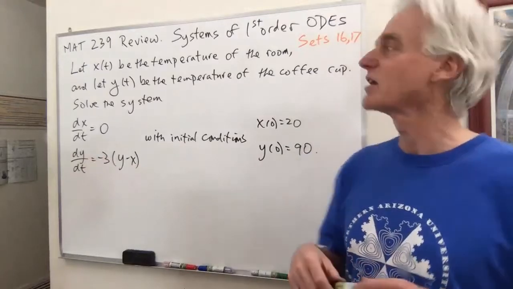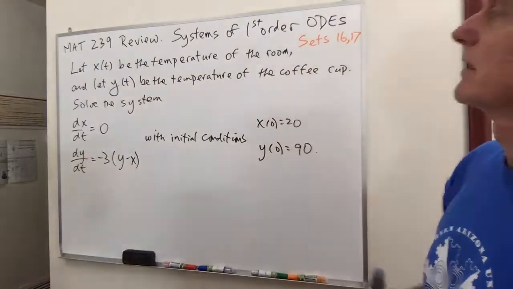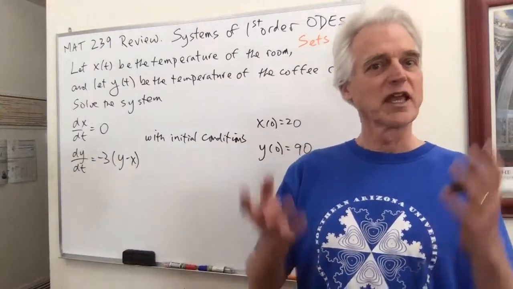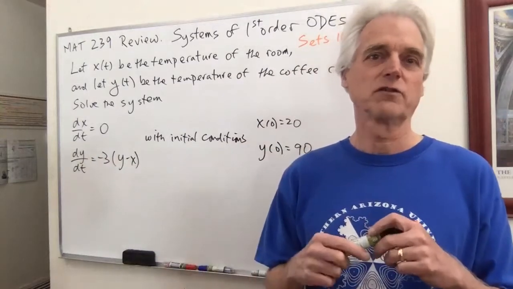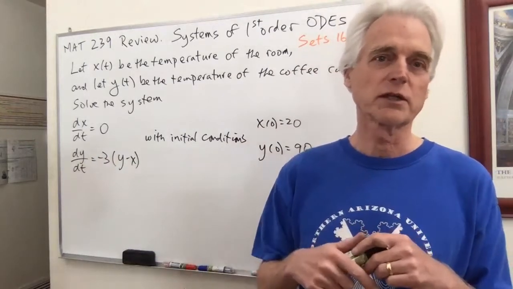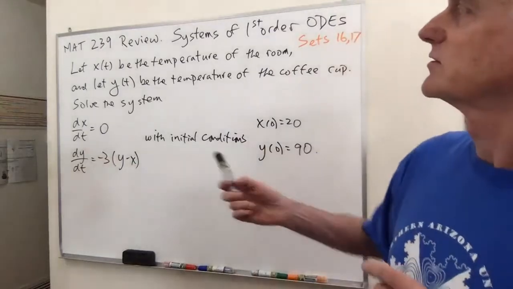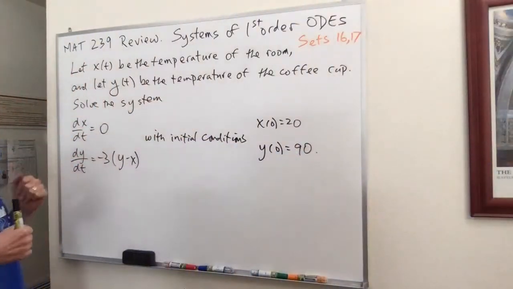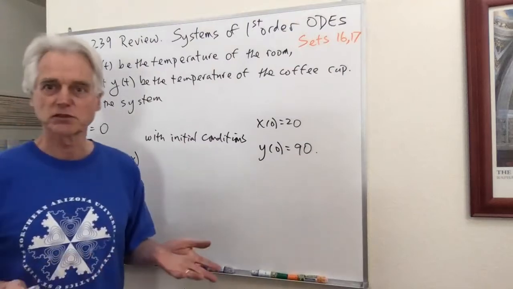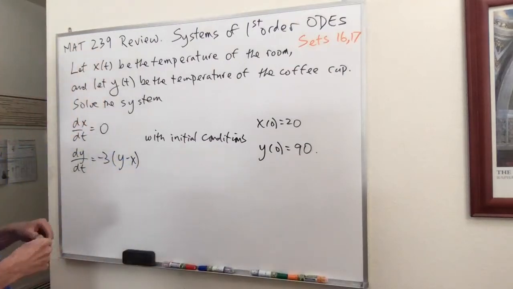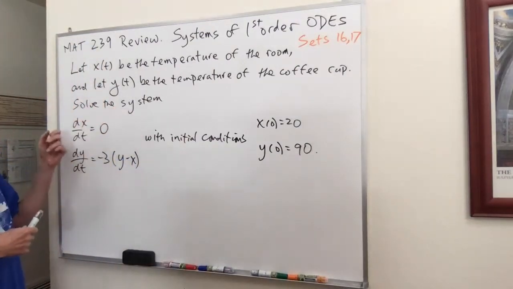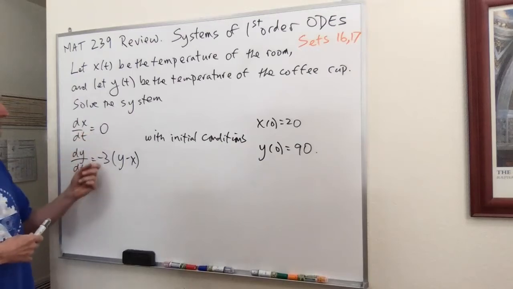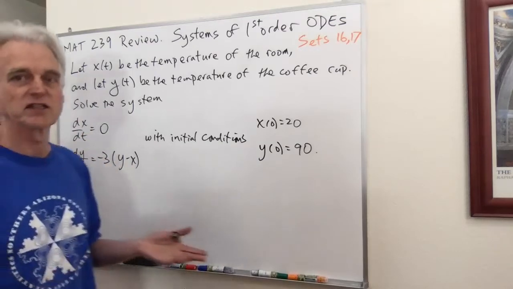So I want to talk about this coffee cup problem as a system of first order ordinary differential equations. Here we'll let x of t be the temperature of the room and y of t be the temperature of the coffee cup. We want to solve the system dx/dt equals 0, and dy/dt is minus 3 times y minus x.